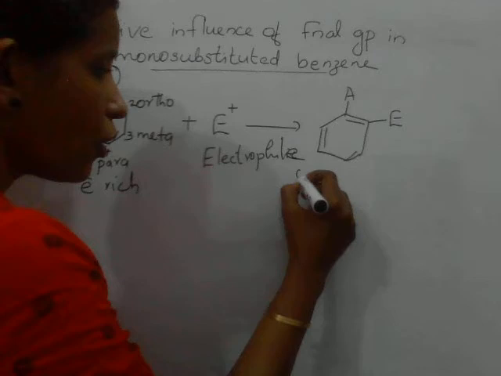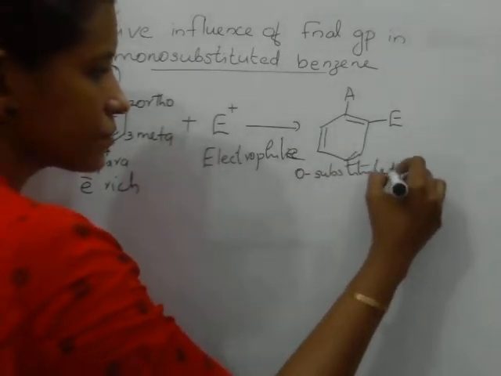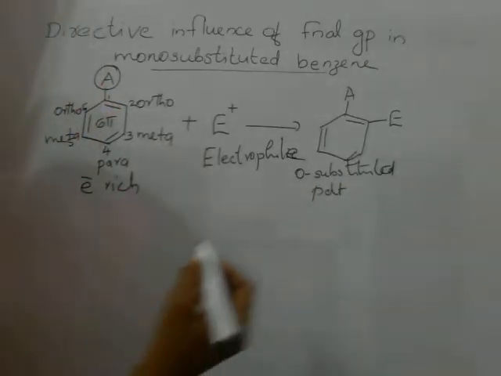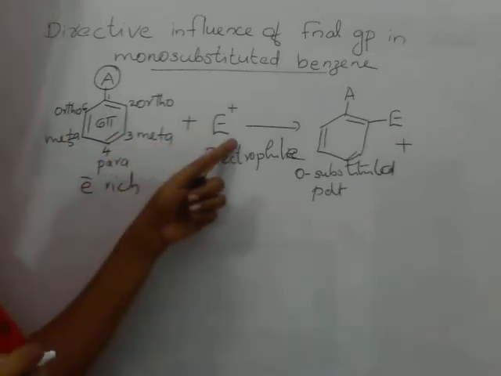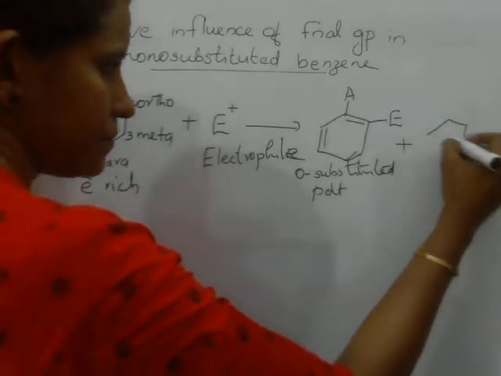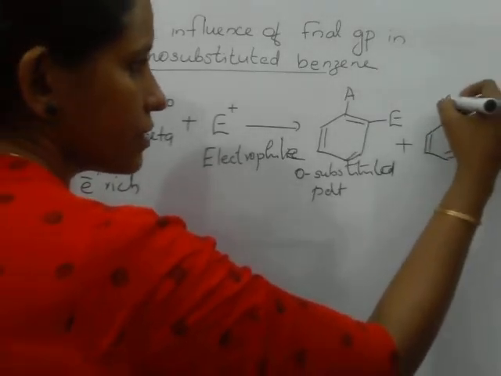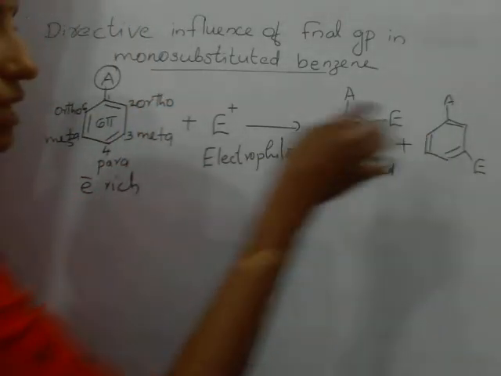This is called the ortho substituted product. If the electrophile attacks the meta position, we get the product here, with the electrophile attached to the meta carbon atom.